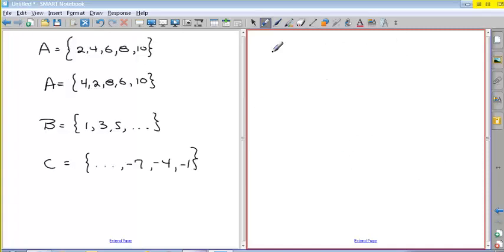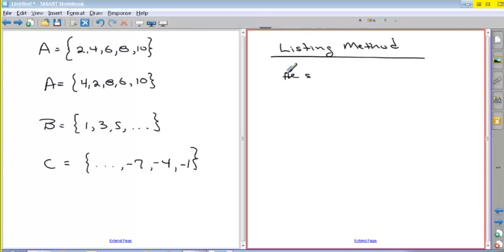Now on the test, there was this case of list, and it says using the listing method. So the problem said use the listing method to list the set of all integers.